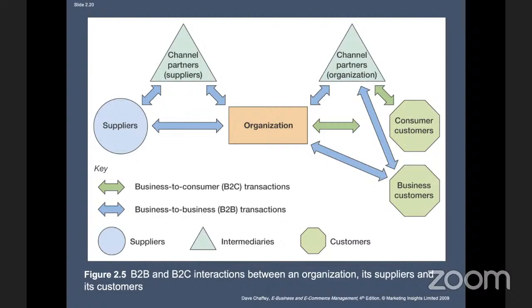And one other way is that these third parties, these search engines, portals, and websites, can also communicate with your B2B or business customers, and organizations can communicate directly with their business customers as well.